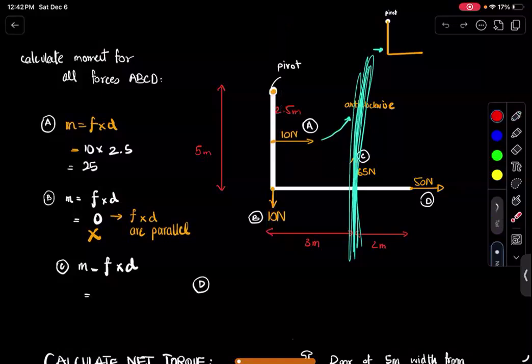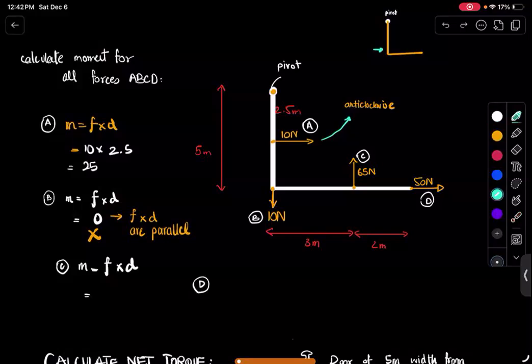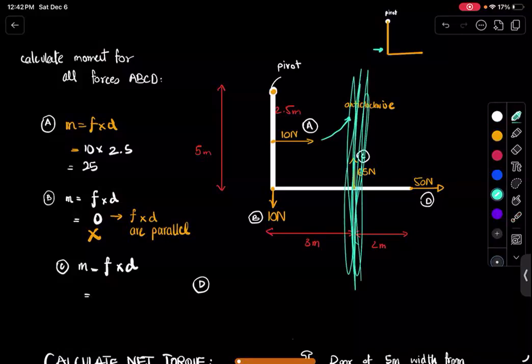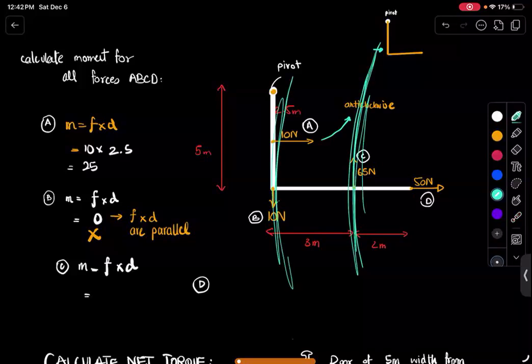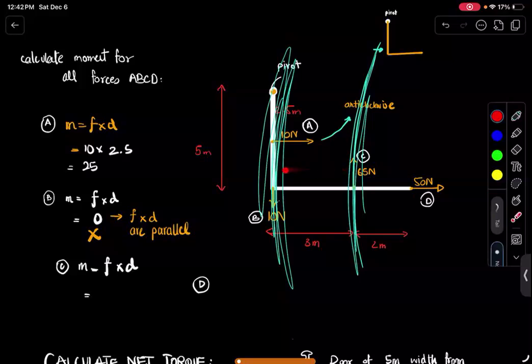Just extend the force and extend the pivot in the same direction. That means this is going to be your distance. Just draw another parallel line on the pivot, and the distance between these two lines is the distance you're going to take.